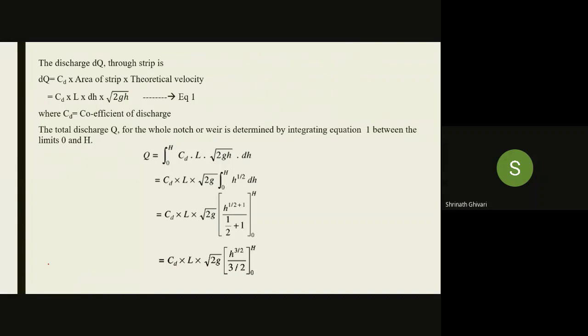Now any one of you give me the final expression for this. Can anyone tell me the final expression? Sir, applying limits. Apply and tell me. Tell me the final answer.